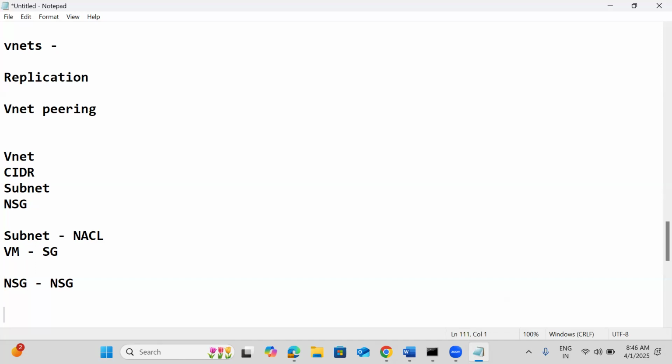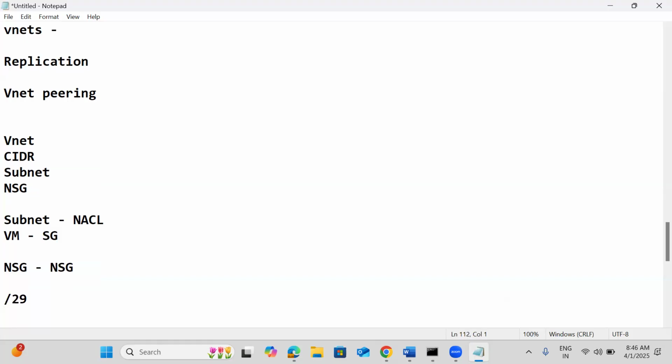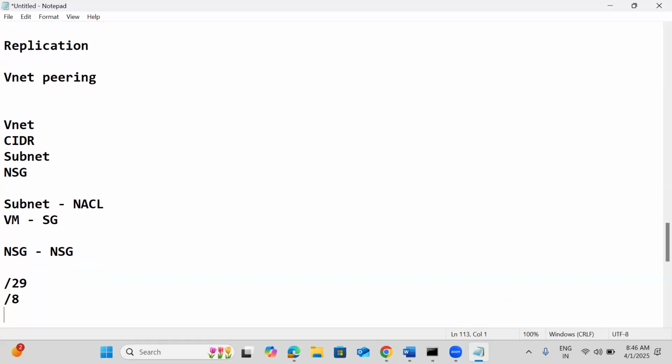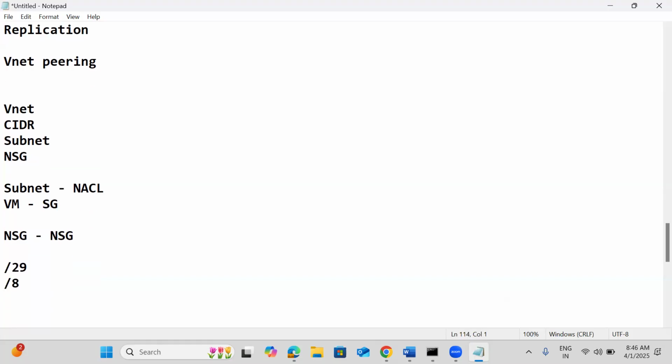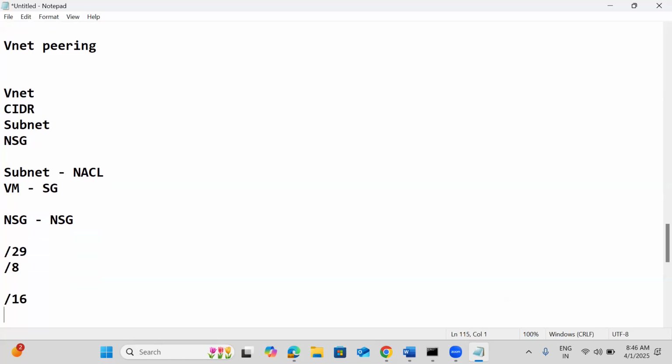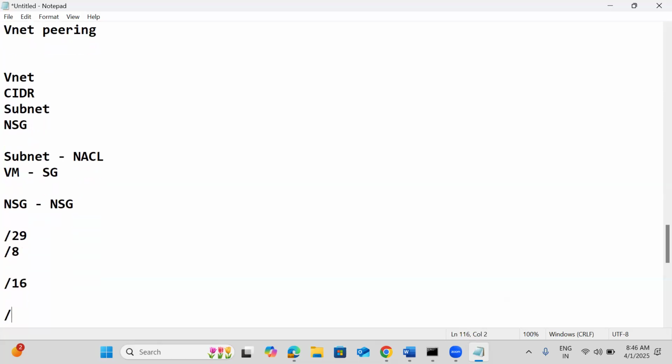These all have inbound and outbound rules. The smallest range of CIDR is /29. The biggest range of CIDR is /18. But you can say you are using /16 for your range of IPs and /24, or maybe /20, for your subnets.